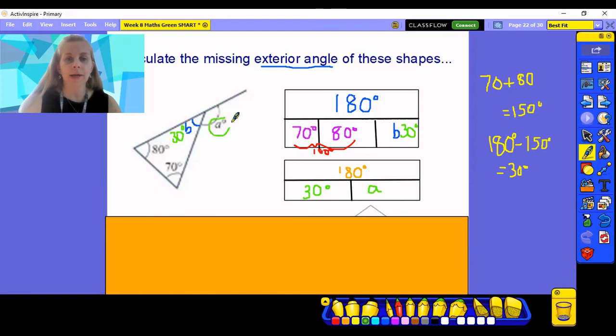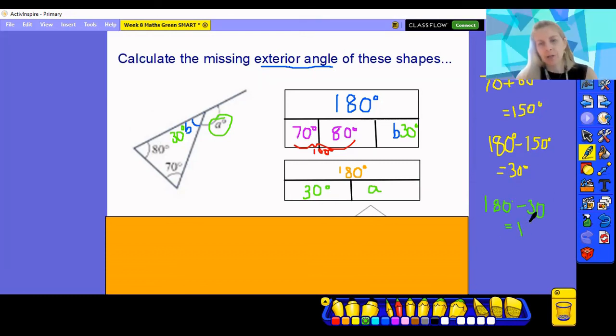Our next job is to work out the missing information to find A, this angle here. If we do 180 degrees and subtract 30 degrees, you should already be thinking, oh, I know what that one's going to be. We have 150 degrees. So A on this diagram here is 150 degrees.